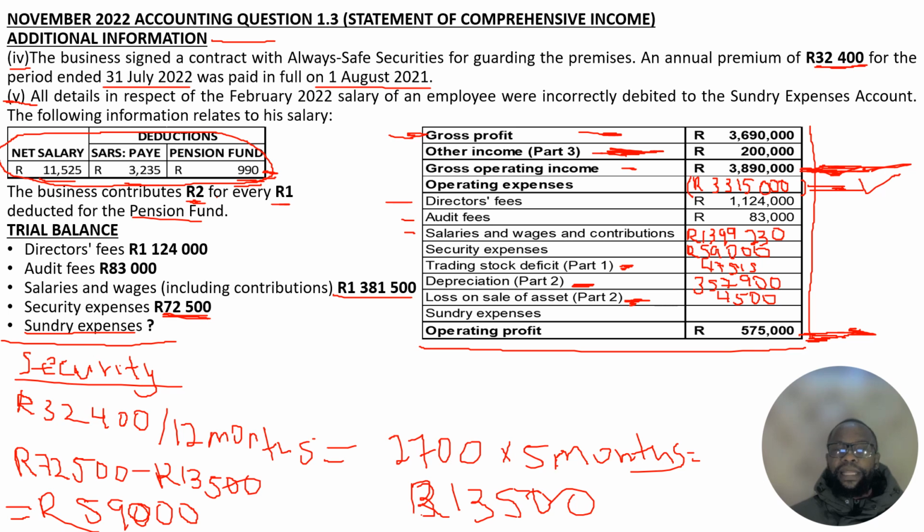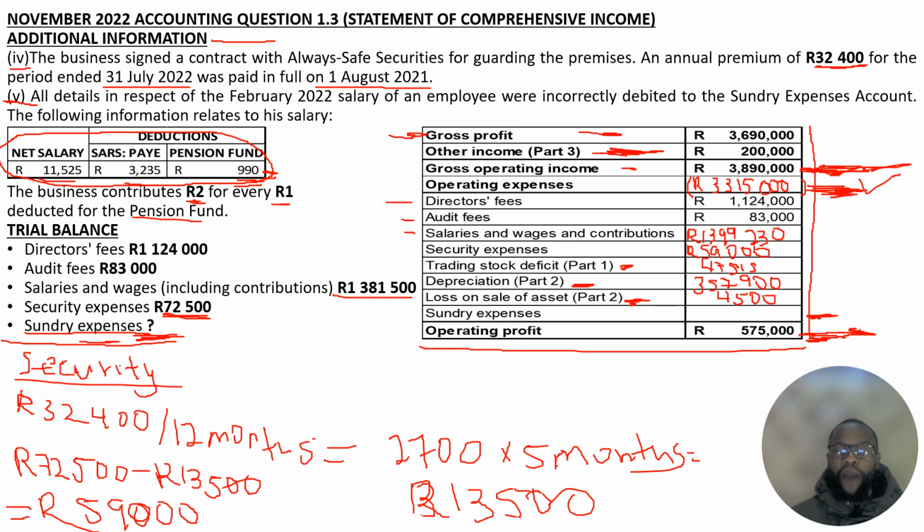So how about the sundry expenses? Even though on your trial balance it is given as a question mark, it should be the balancing amount. We already calculated our total expenses. So we are going to take that total expense and deduct all these expenses and see what the balancing figure is.